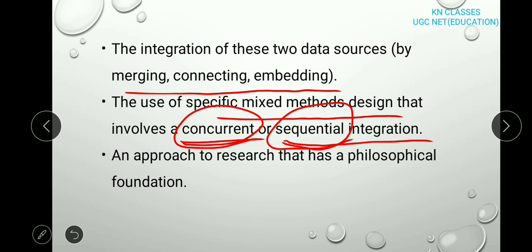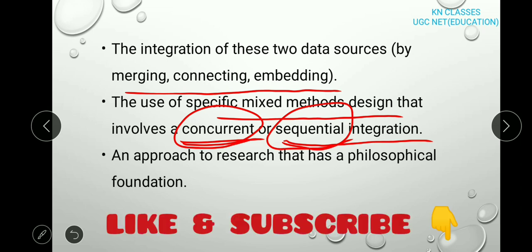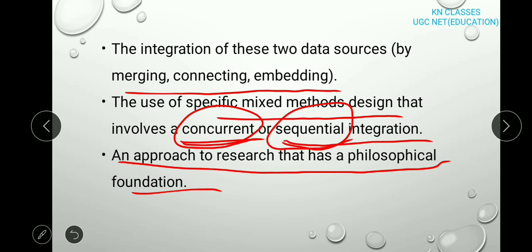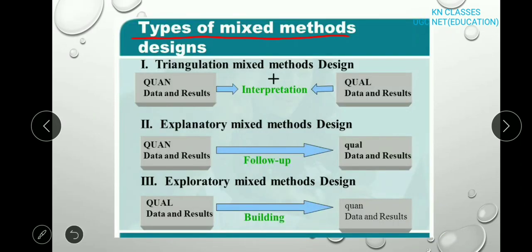For example, the researcher collects the quantitative data first, then goes to the field to collect qualitative data. The last one is that it is an approach to research that has a philosophical foundation.